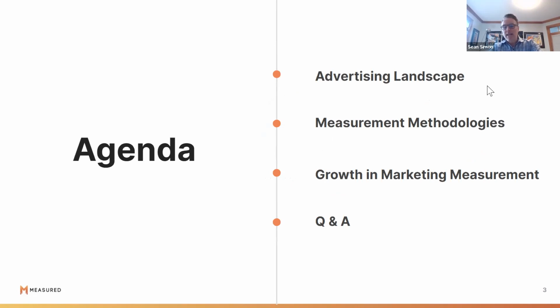I know that many brands and retailers or agencies are struggling with all the restrictions and changes that have been imposed on us by Apple and Google and all the other browsers, and obviously privacy laws. So we'll visit that. And then lastly, how marketing measurement has evolved. And like I said, James has a lot of experience here, but we'll probably focus on the last couple of years since these changes have really impacted what we do in our industry.